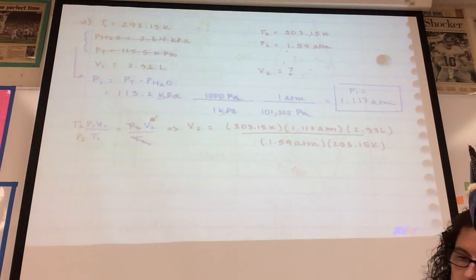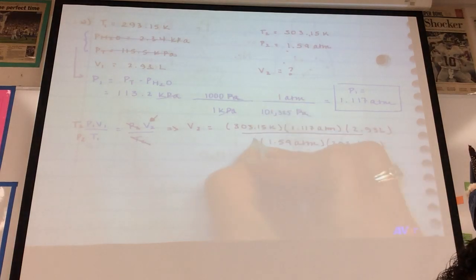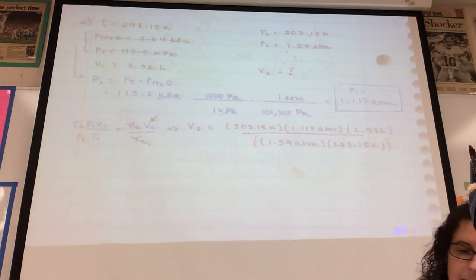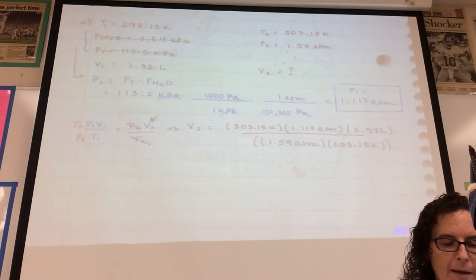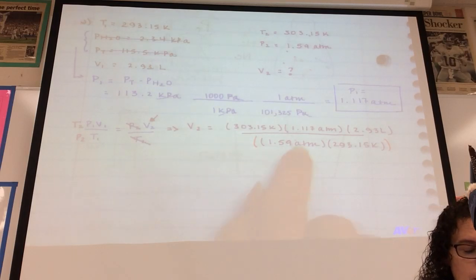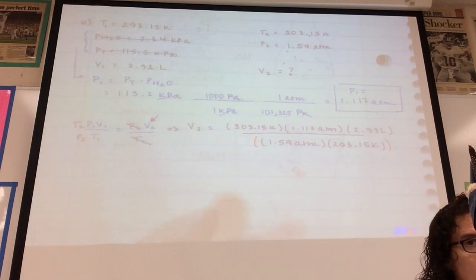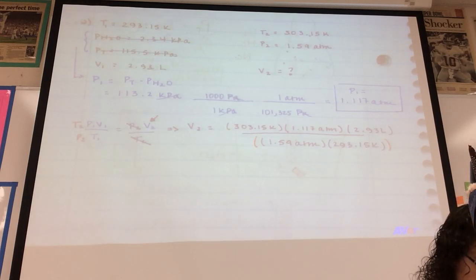And some of you are also having a little bit of difficulty with your calculators. Again, the only parentheses you need are the ones in red. If you have trouble doing that, you can multiply the denominator and flip it to the numerator. That's how I do it.